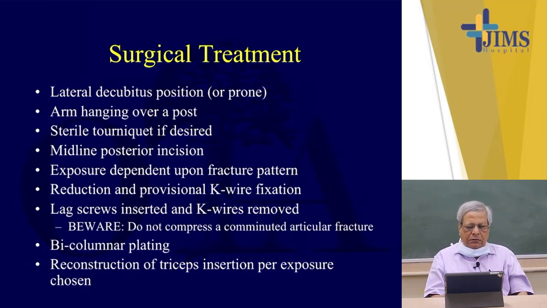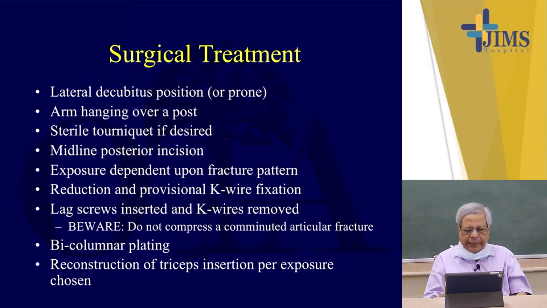Bicolumnar: lateral decubitus position or prone, arm hanging over a post, sterile tourniquet if desired, midline posterior incision, exposure dependent upon the fracture pattern, more commonly olecranon osteotomy, so that you get an excellent look at the articular surfaces which require 100% reduction.